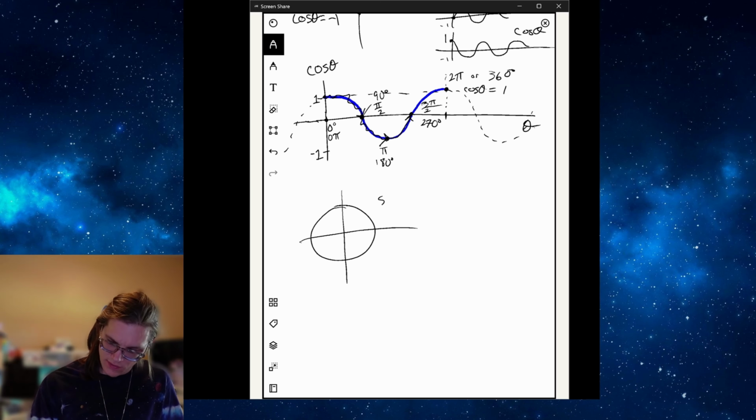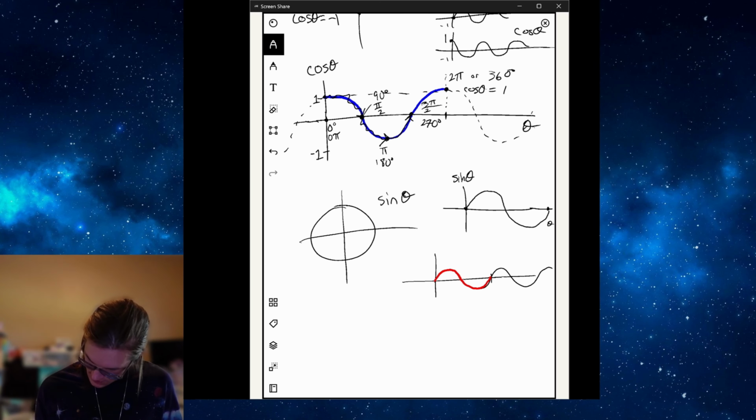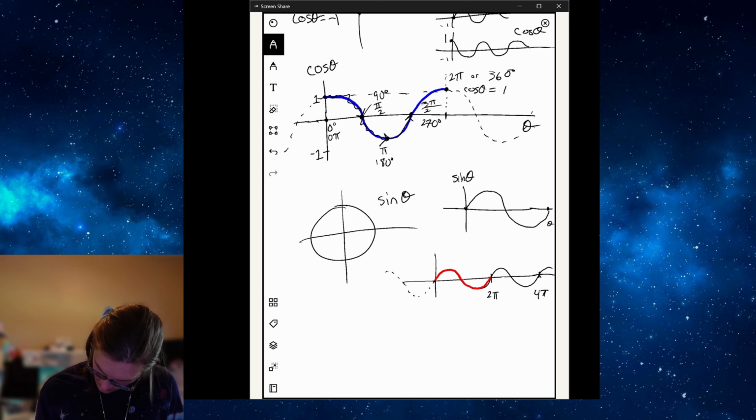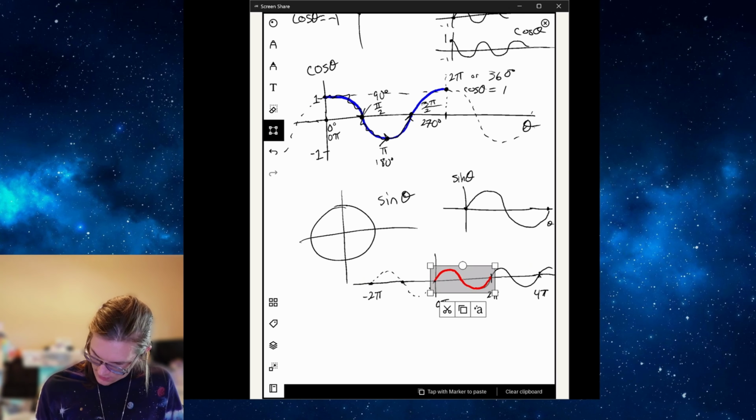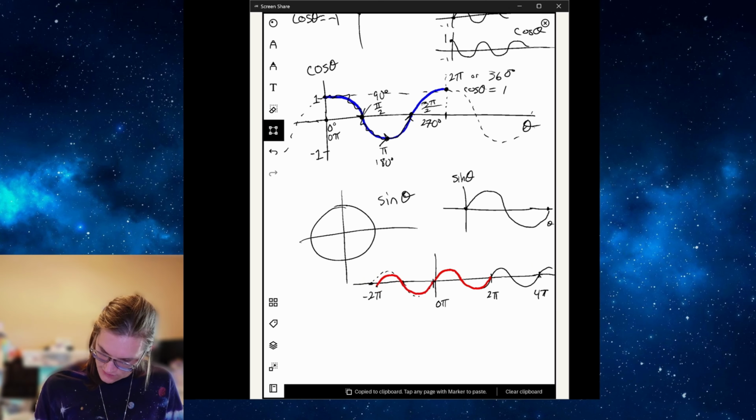The whole point of going through that was to be able to answer this question. We'll see that this happens at 2 pi. It repeats again at 4 pi. You can go the other direction too if you want. The wave continues both directions to positive infinity and negative infinity. You see you have these little complete cycles around.